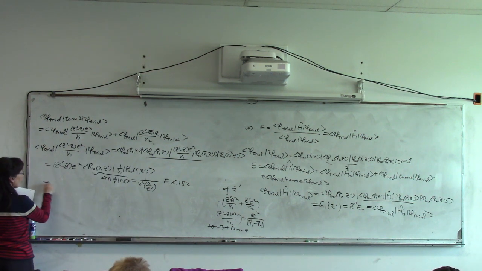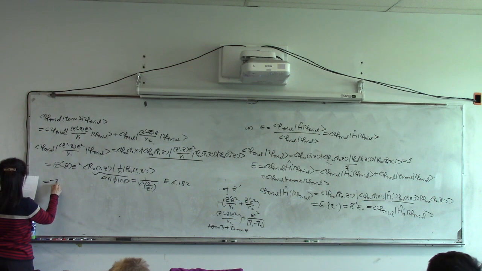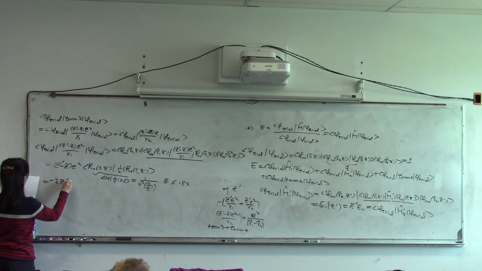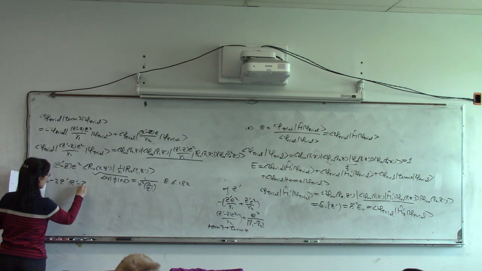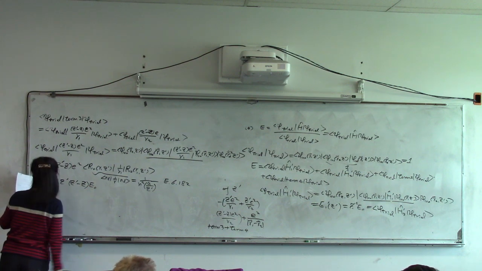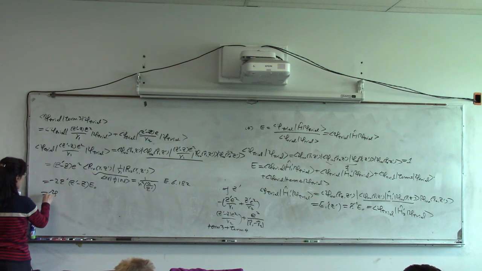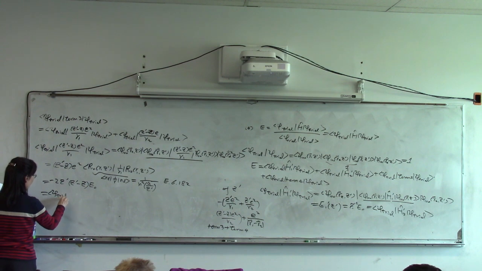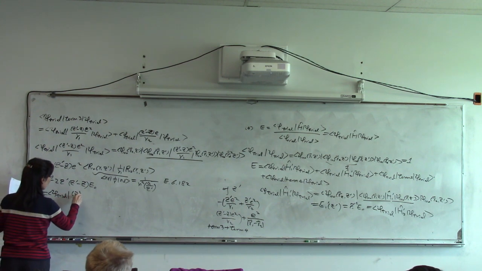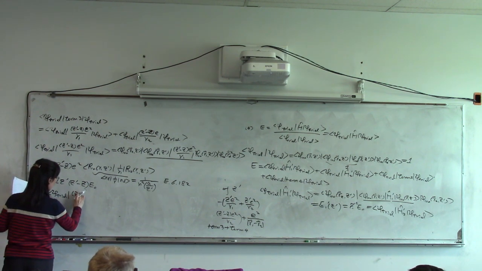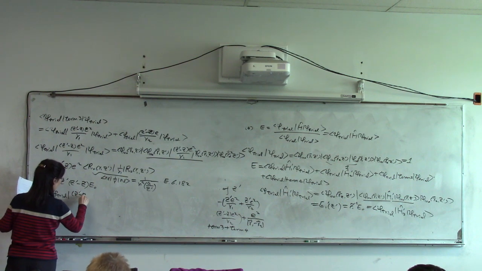So finally, this term is equal to minus 2(Z' minus Z)E0. Similarly, another term is equal because they are symmetric: the ψ function for the second one, (Z' minus Z)e² over r2.